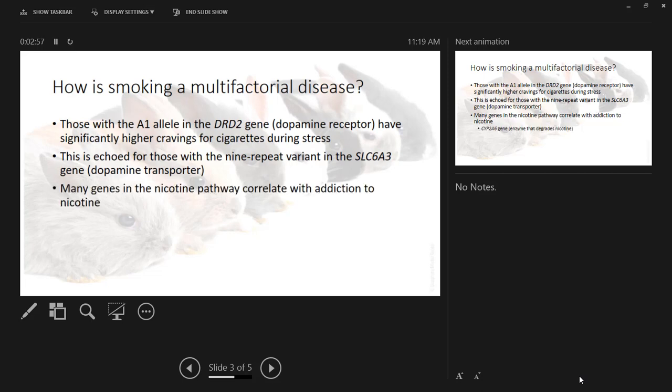Now, there are a number of genes in the nicotine pathway, and what we mean by this is the pathway associated with binding and metabolizing nicotine. There are several proteins involved in binding and metabolizing nicotine, and pretty much every gene in that pathway shows some correlation with addiction to nicotine, which makes sense.